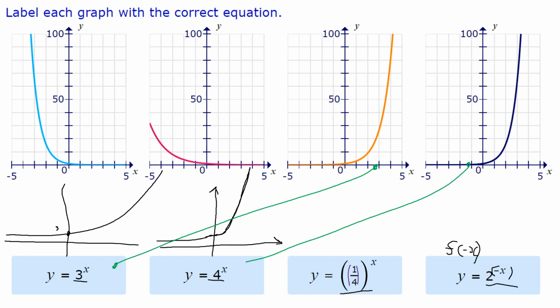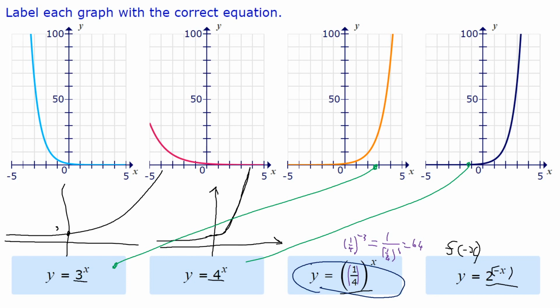So if we have, let's say, a quarter to the power of negative 3, that's the same as 1 over a quarter cubed, which would just be 64. So you see, it's the other way round. So it's still going to be a reflection if it is in a fraction. The question is which one would be steeper? Yeah, it is going to be this one.